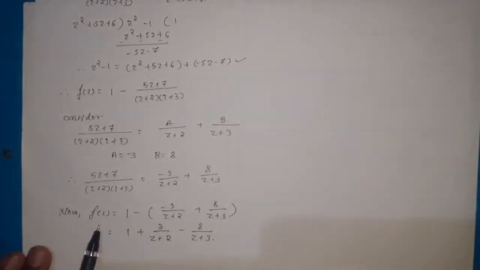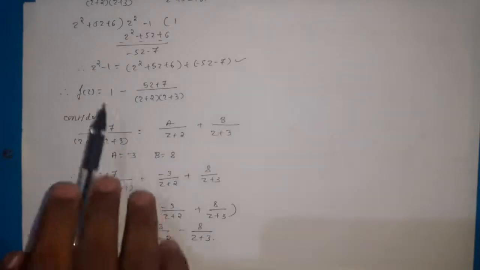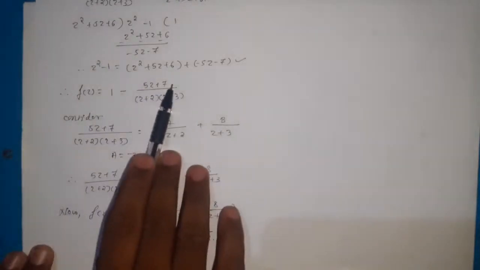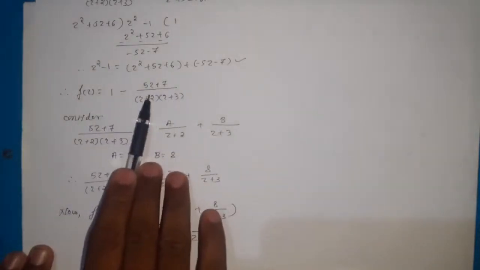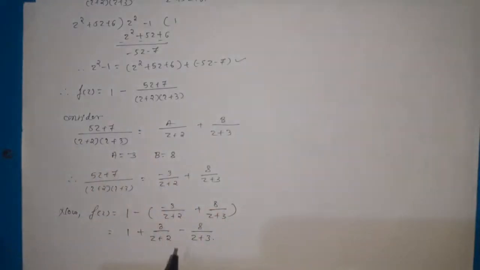Then f of z becomes 1 minus this value, that is, 1 minus minus 3 by z plus 2 and 8 by z plus 3. By multiplying the minus, that becomes plus and this plus becomes minus.